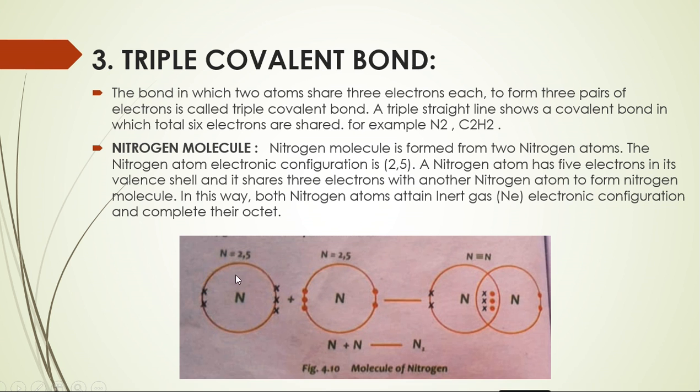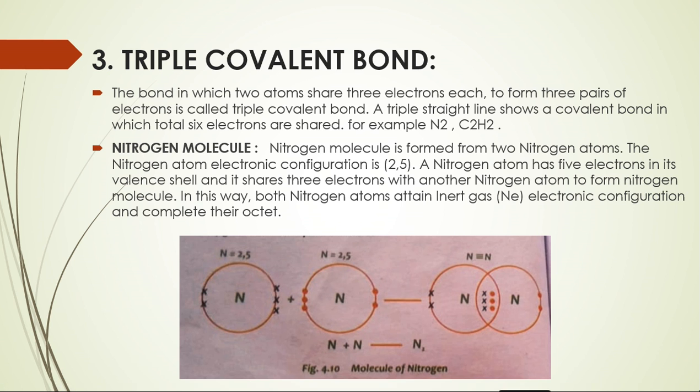So this is a nitrogen atom with 5 outer electrons, meaning it needs 3 electrons. By sharing 1 electron, it will become 6. By sharing another electron, it will become 7. But by sharing 3 electrons from each side, both will get complete with 8 electrons. The octet will get complete.